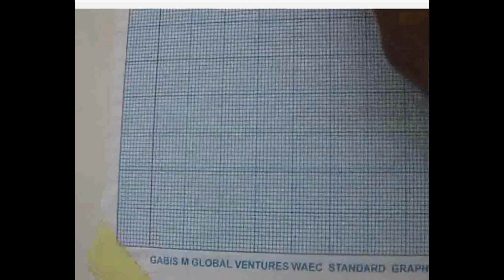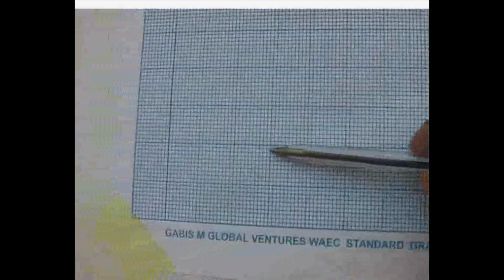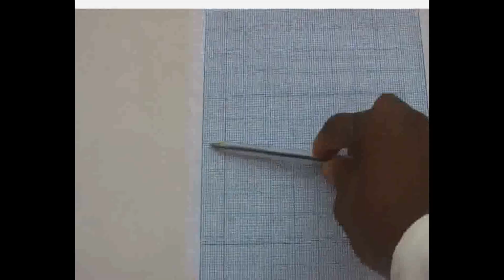So when next you see this graph paper, you will discover that I have drawn a horizontal line on this thick line here. This is the horizontal line representing the x-axis, and this is the vertical line representing the y-axis. So I will now write here y-axis.